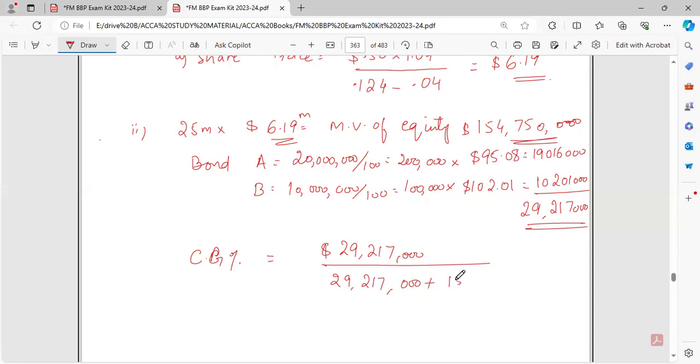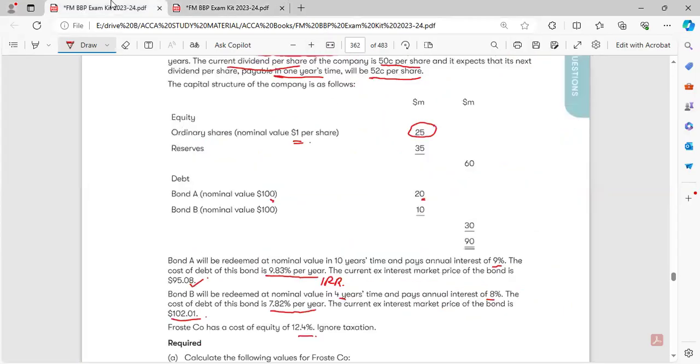So 154 750,000 into 100, 29217 divided by 29217 plus 154 750. 15.89% or rounded to 15.9%. This is the capital gearing.